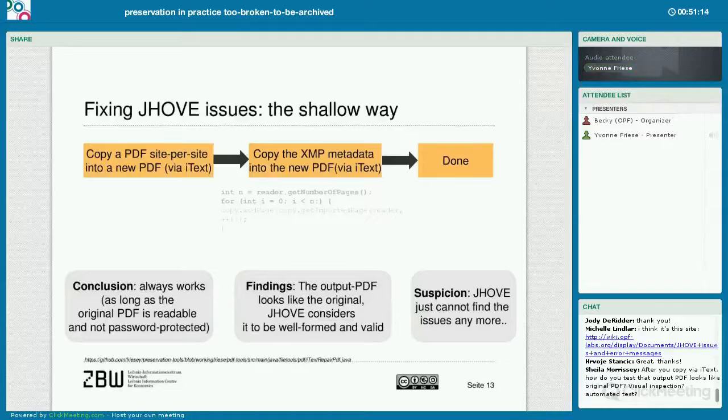I don't really know. I can answer the question Sheila just put. She's asking how we test that the output PDF looks like the original PDF. We have an automatic test as well, which I will introduce in two slides.